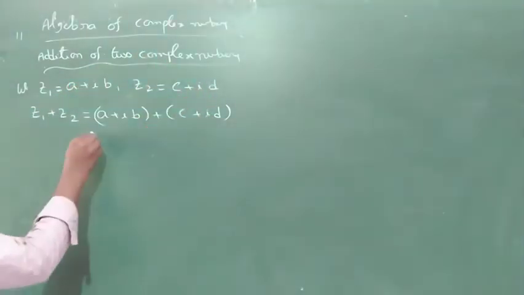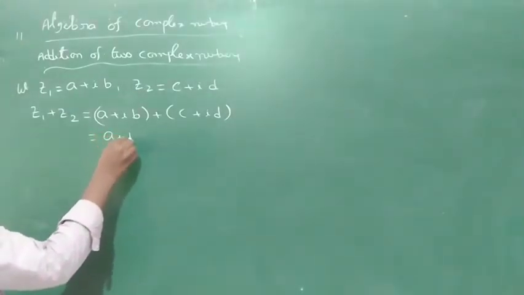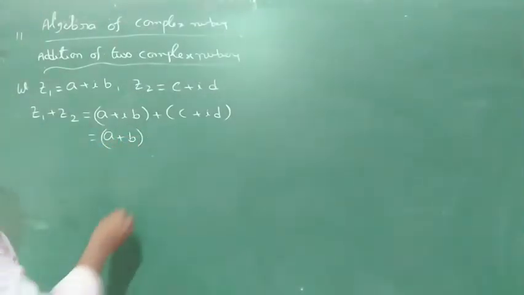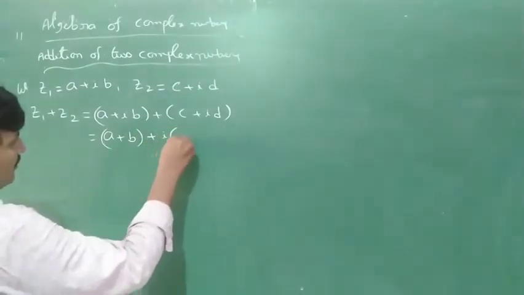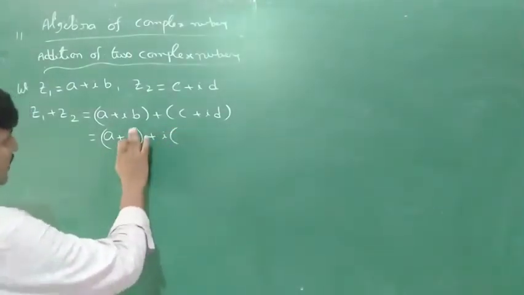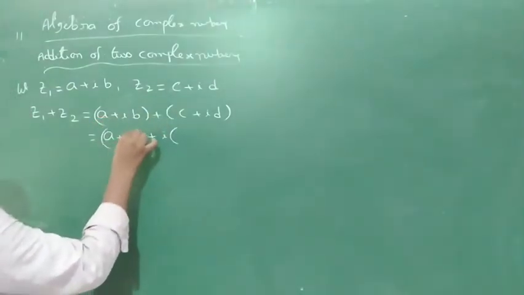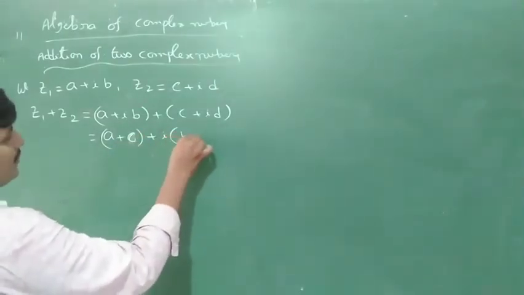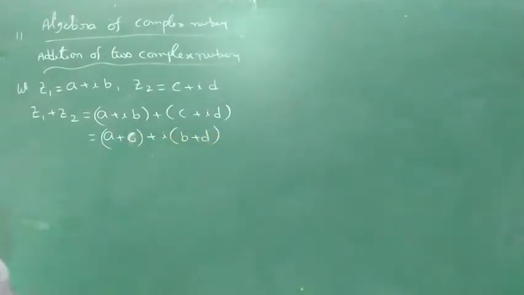This is the normal method. So a plus c, plus i common, b plus d. This is the addition.